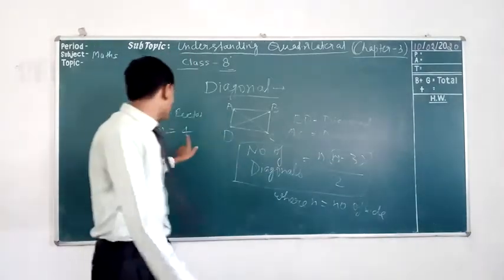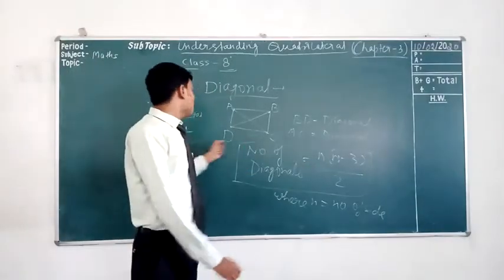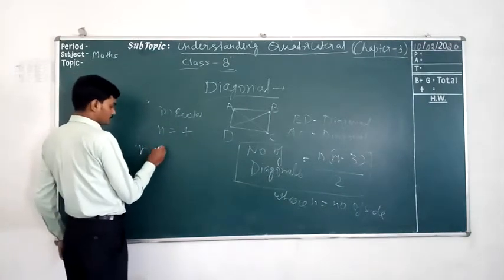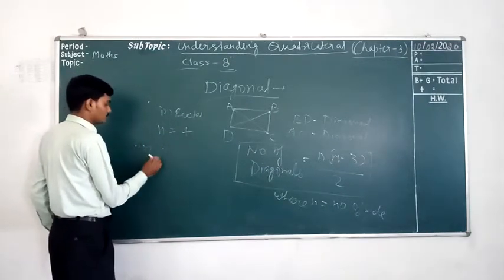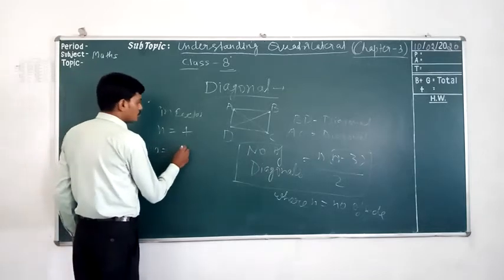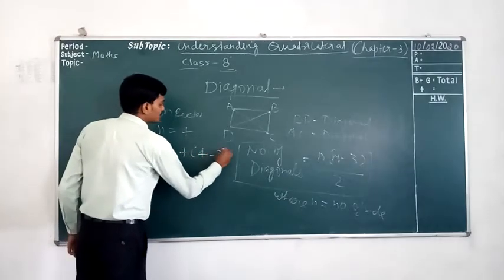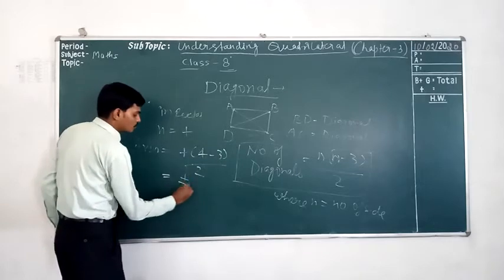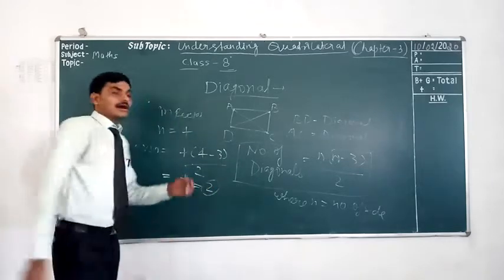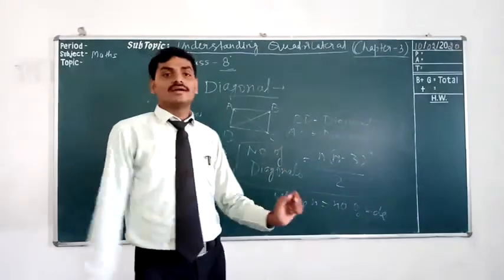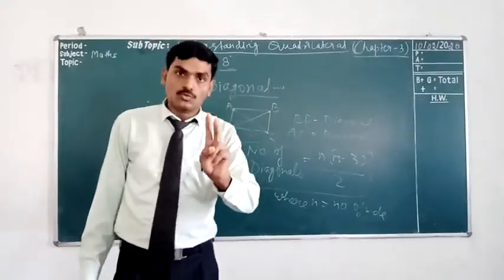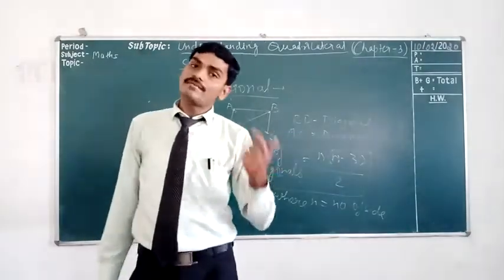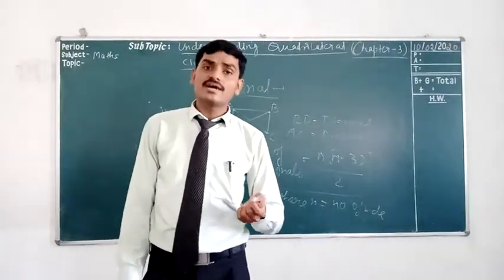Putting n equal to 4 in the formula, the number of diagonals equals 4 times (4 minus 3) divided by 2, that is 4 upon 2, which is 2. And you know very well that a rectangle has 2 diagonals: AC is one diagonal and BD is the second.